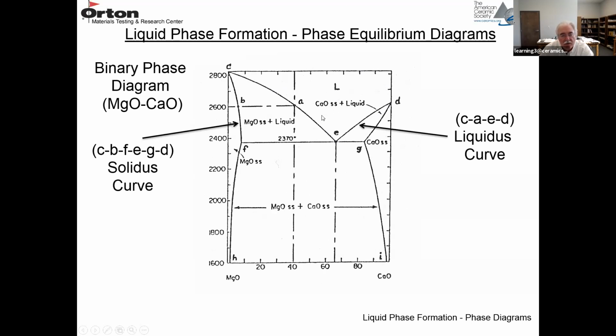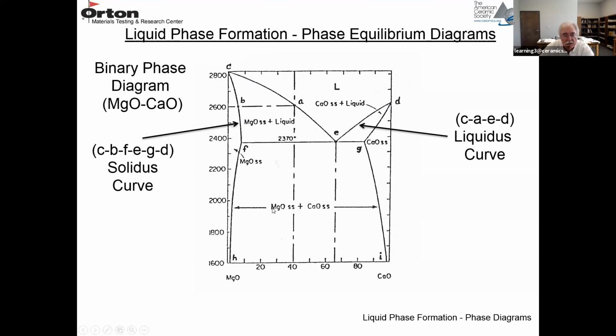Obviously, you don't want to use this refractory at any compositions above the liquidus temperature, because you'll just have a liquid. This curve, C, B, F, E, G, D, is the solidus curve. Any area below this curve is completely solid.